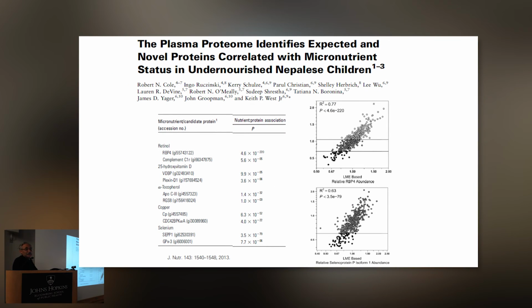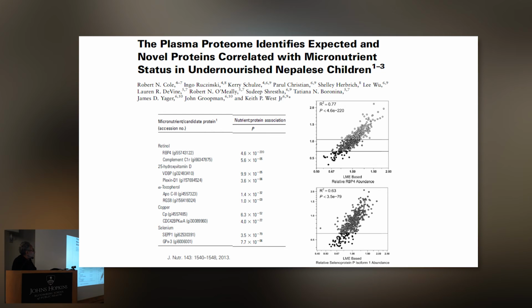So I'll give an example from the work carried out here by a marvelous group, in relation to the proteome that is associated with micronutrient status in undernourished children in Nepal. Let's say in the case of retinol, RBP4 has a very strong association with the retinol status of an individual. And the same applies for other markers for vitamin D, tocopherol, copper, and selenium.